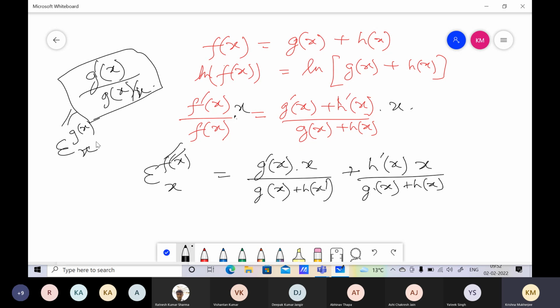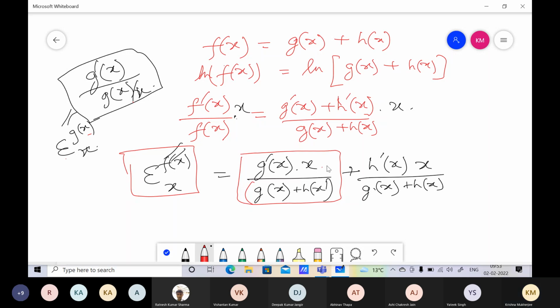So how do we simplify this? We get this expression here. This part is E_g(x) by x. So E_f(x) by x is equal to, now you have to actually multiply and divide by g(x).